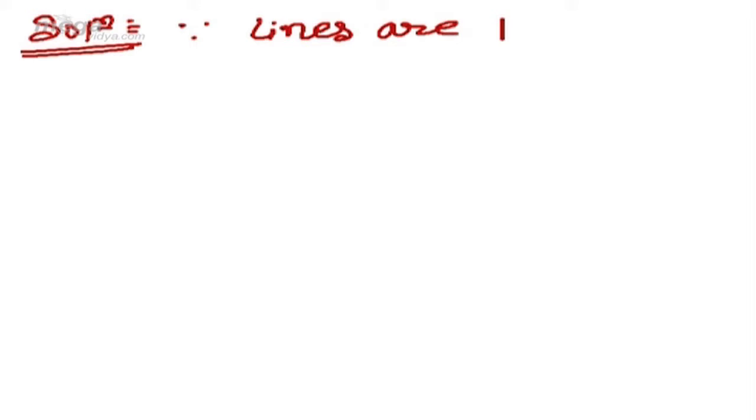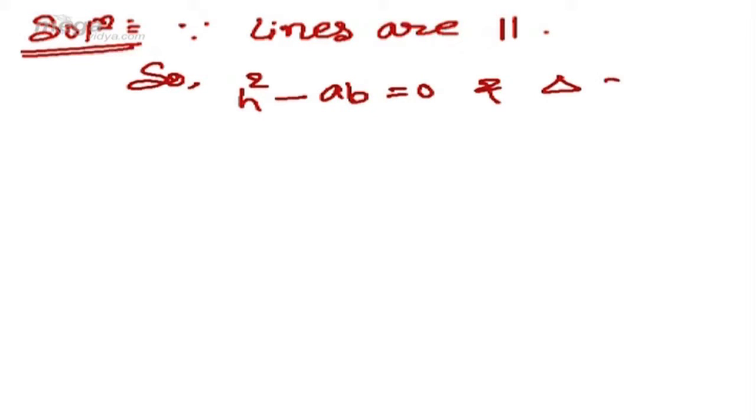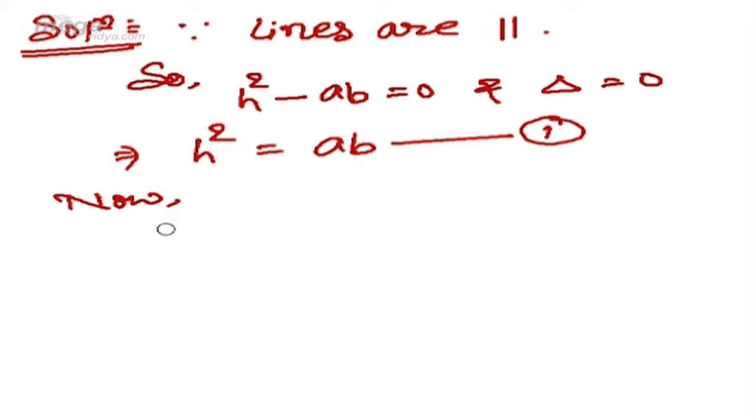So I'm using here only the basic concept that since lines are parallel, there are two things. One is h square minus ab equal to 0 and second is delta equal to 0. H square minus ab equal to 0 means h square is equal to ab. Now we will use delta equal to 0.